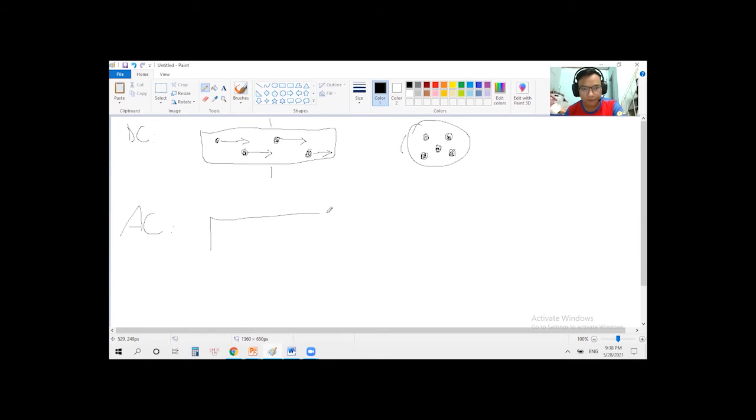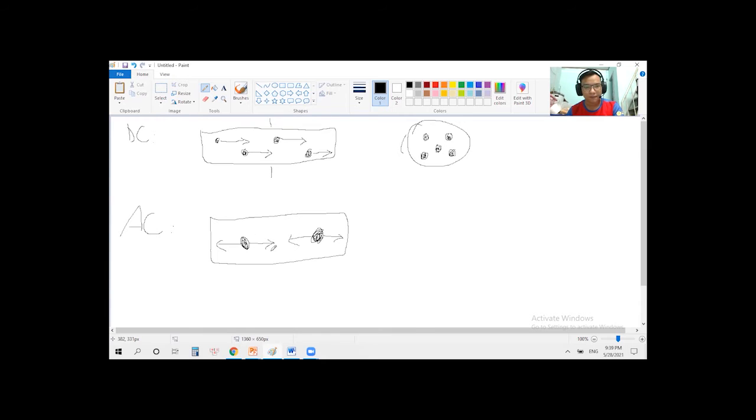What do we have here? The electrons move differently from DC current. They not only flow forward but also flow back like this.